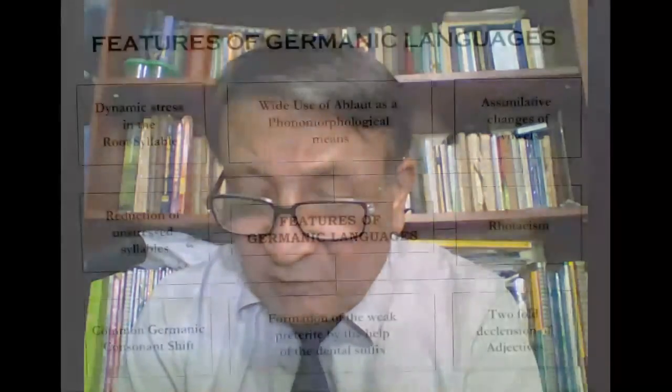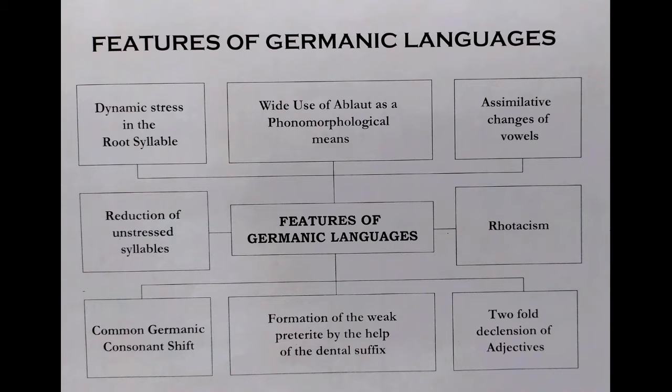And the last feature of Germanic languages is called twofold declension of adjectives. In all Germanic languages, adjectives were declined in two ways. Adjectives had two forms: strong declension adjective and weak declension adjective. What's the difference between these forms?